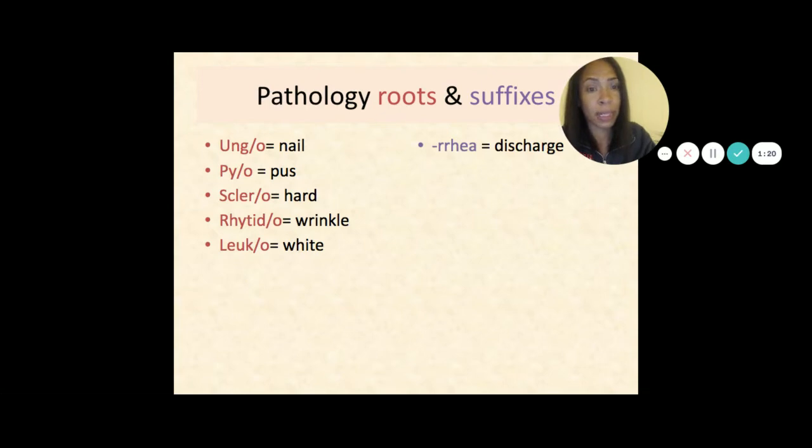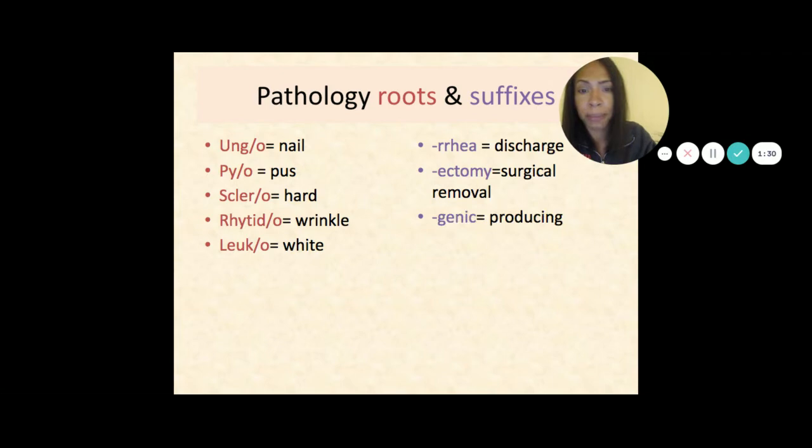And then some interesting suffixes like discharge or rhea, from our previous unit. Ectomy, again from our previous unit, is a good treatment term. Genic will be used usually in combination with pyo, like pyogenic, pus-producing, or rhytidogenic, wrinkle-producing.